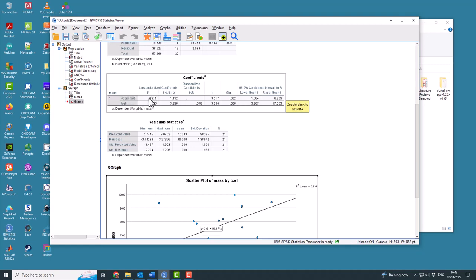So the intercept on average is at 3.911, but it could be anywhere between 1.584 and 6.239. And the slope, the gradient, is 10.165 on average, but it could be anywhere from 3.267 to 17.063. That's the confidence bound, the variability you can get in those values.